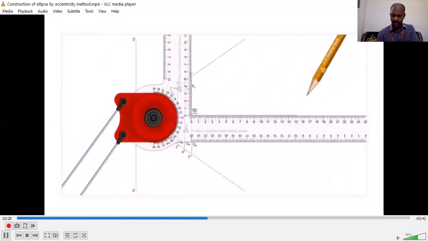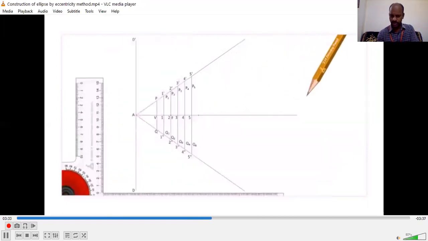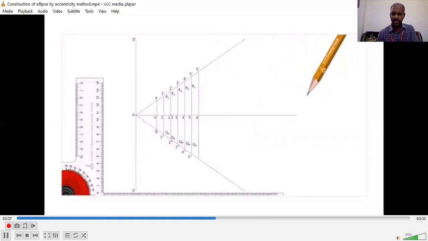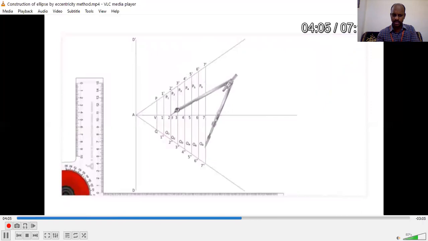Then only you will get a smooth curve at the end. You have to use the pencils and instruments properly to generate the accurate curve. So keep on doing like this. I am just moving fast further.